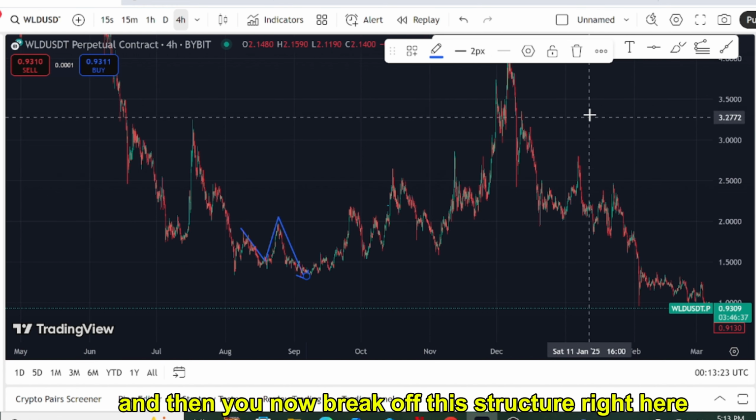And what happened then, it came down to this particular zone, and then what did it do? Then it also created another break of structure right here, making it a second break of structure.